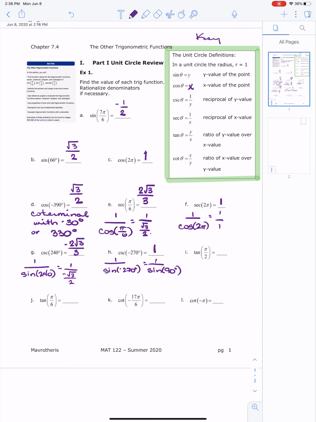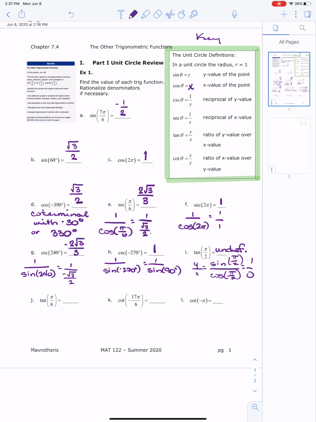Tangent is our y over x at pi over 2, or sine of pi over 2 over cosine of pi over 2 means the exact same thing. We get 1 over 0, which is undefined.